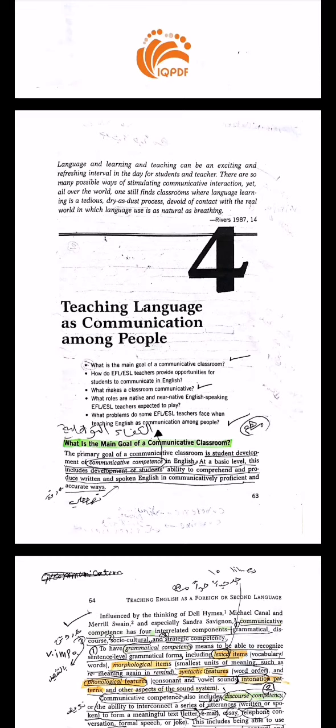What makes classroom communicative? What roles are native and non-native English speaking ESL EFL teachers expected to play? Then what problems do some EFL ESL teachers face when teaching English as communication among people?